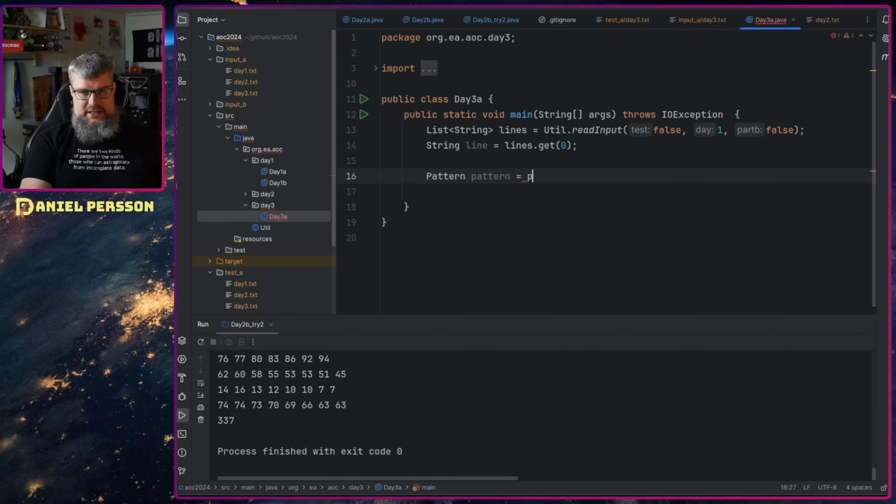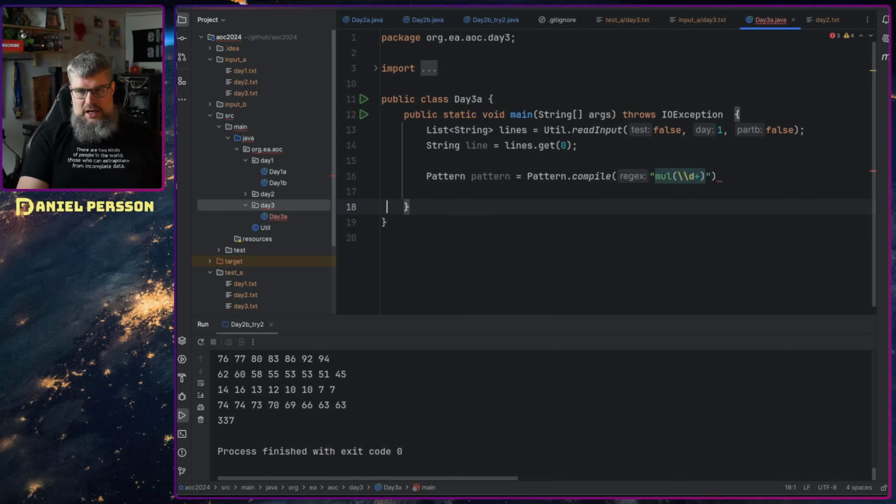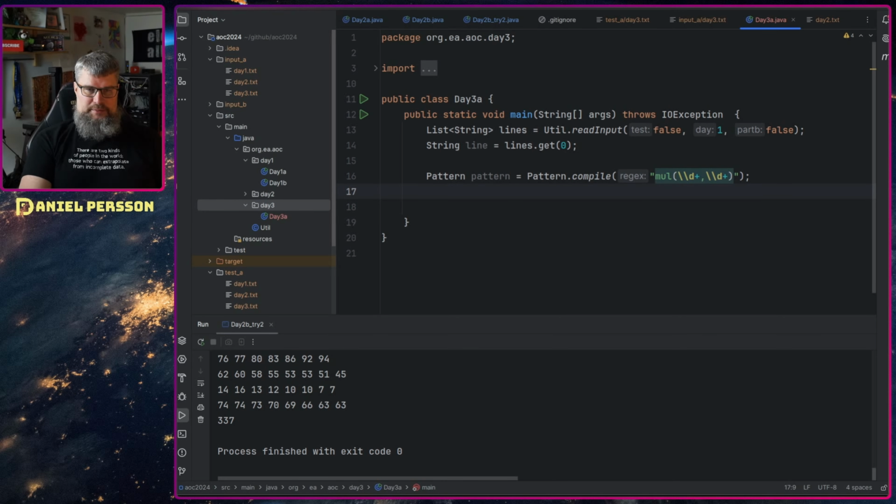We can call Pattern.compile, and the pattern should be mul, and then parentheses, and then some amount of digits, then a comma, and some amount of digits again. And that's the only thing that we allow.